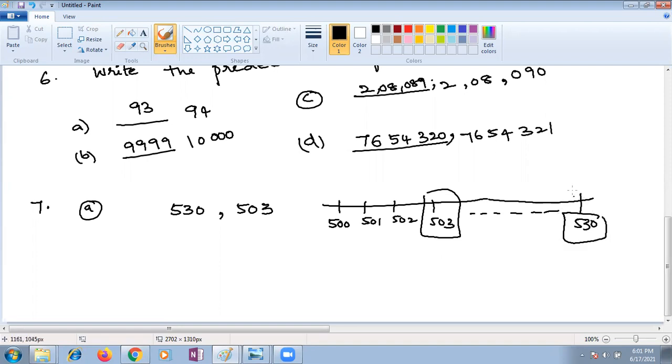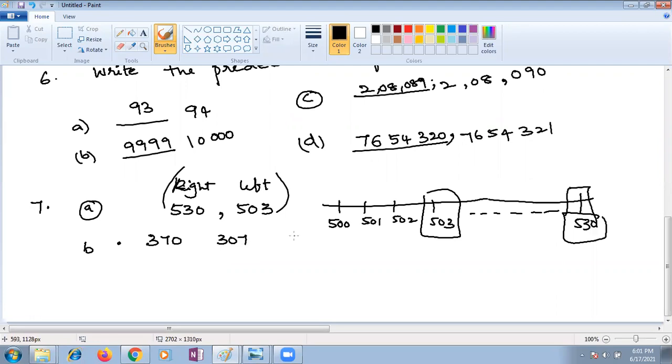Now in this number line, which number is left, which number is right? Ma'am, 530 is right and 503 is left. Yes, this is right and this is left. Just like that, you can choose all the numbers, children. Here the question is 370 and 307.